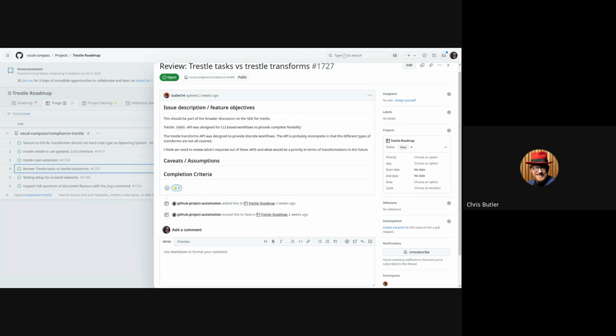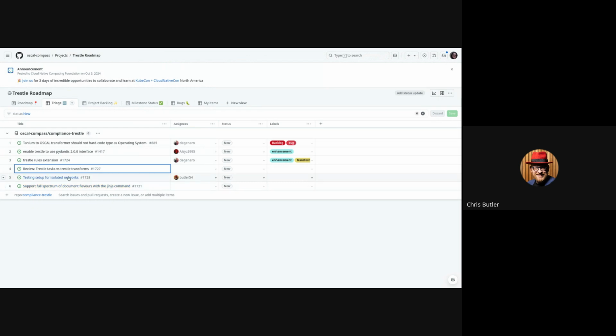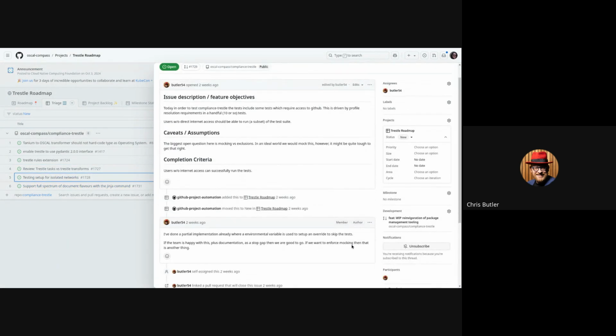The ginger one I think is kind of self-explanatory, but the only other one I wanted to comment on was 5 there. That is effectively bundled into my hatch testing anyway, because I was doing the testing on a plane. Effectively the question is, for testing, we've made the assumption with compliance Trestle that you have internet connectivity, as some of our tests are integration tests at the moment.